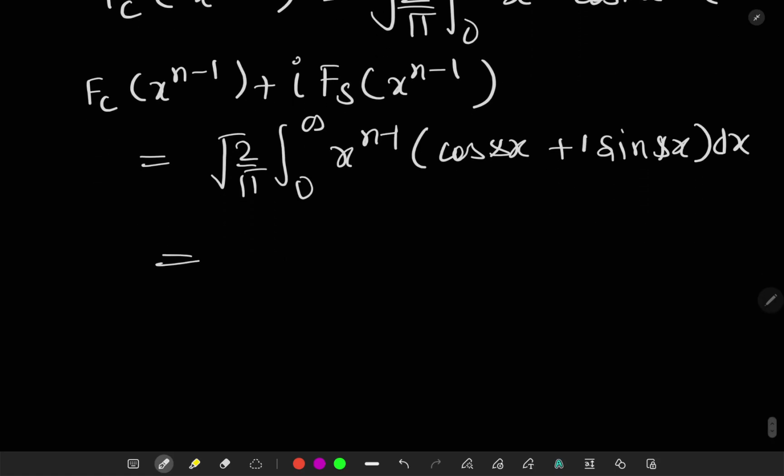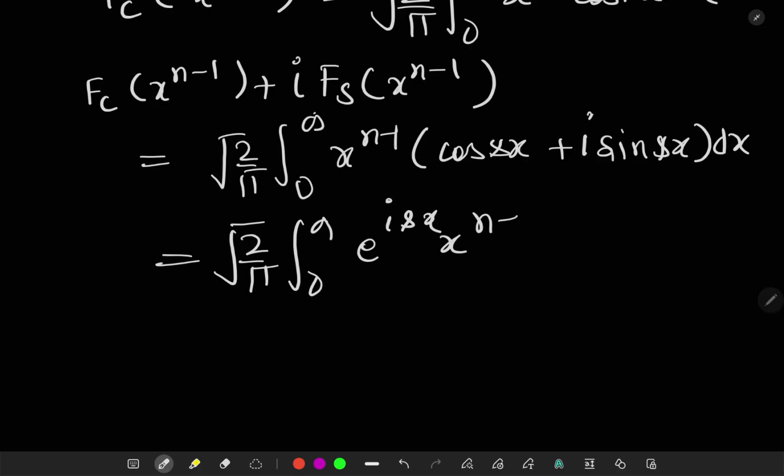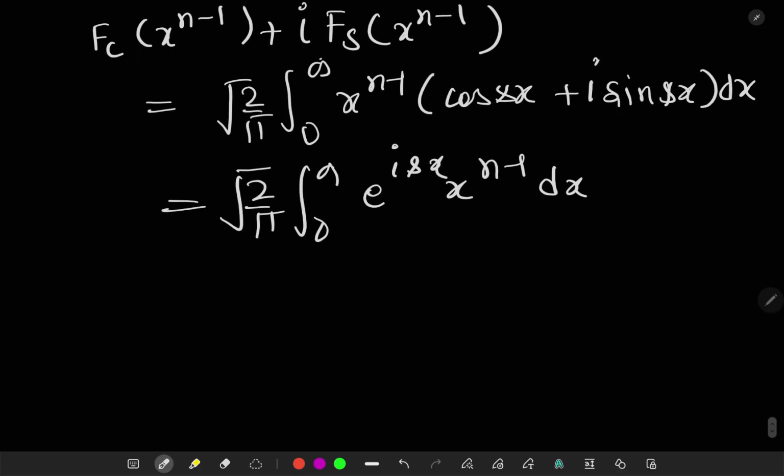Here there is an iota term also, and you can see this equals e raised to power iota sx, so we can write this into x raised to power n minus 1 dx.